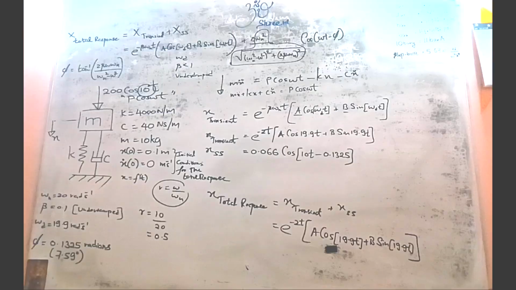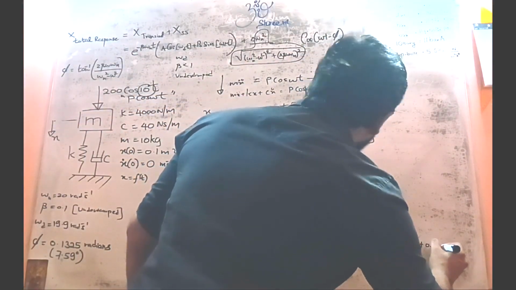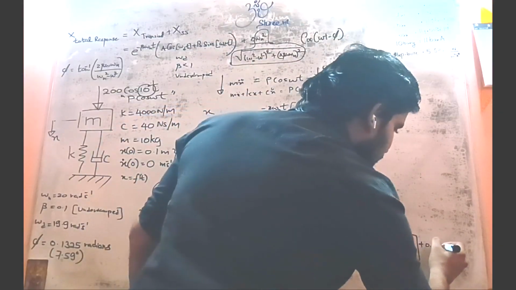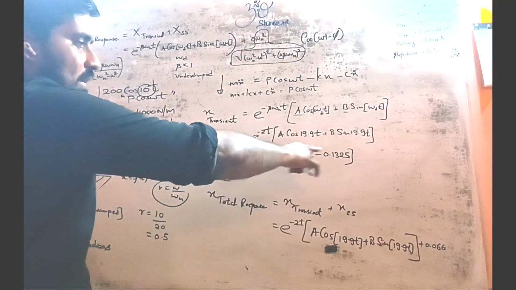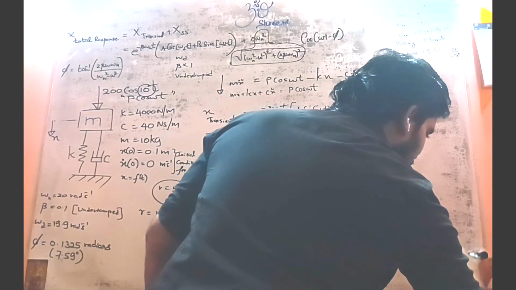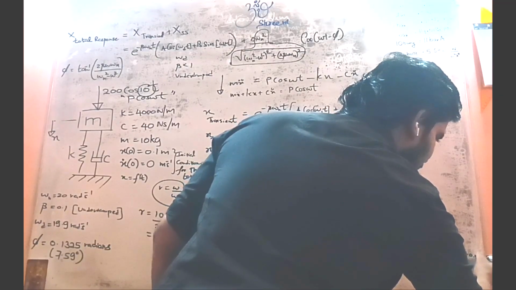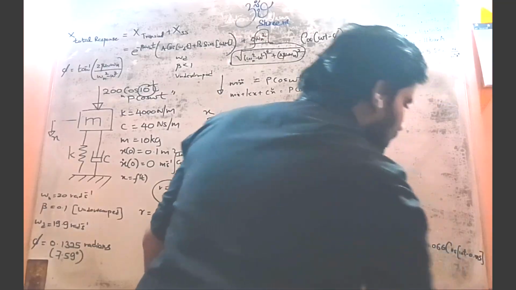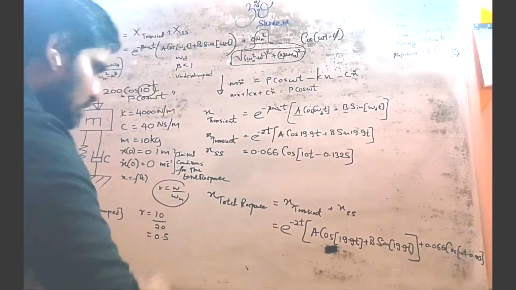Plus 0.066 cosine of 10t minus 0.1325. I will write that again.